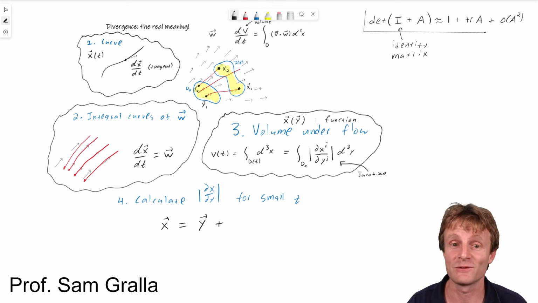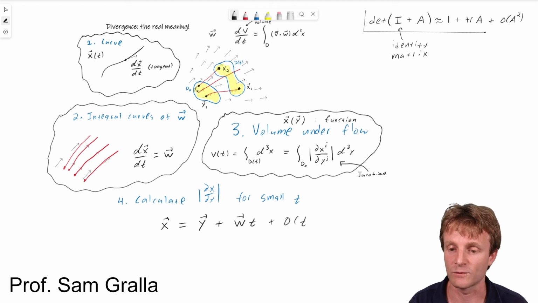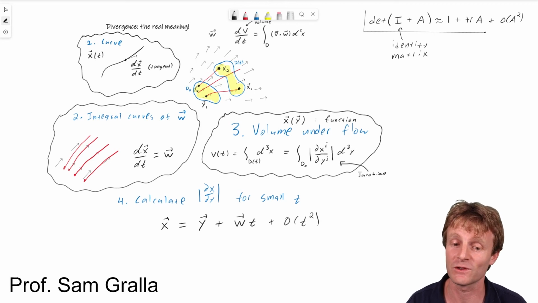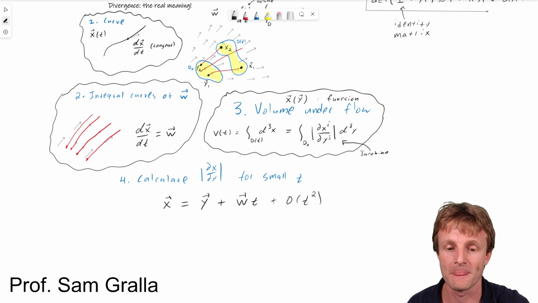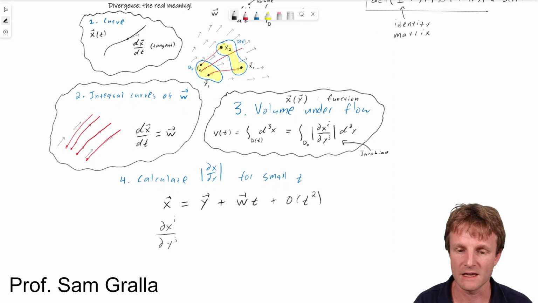And then the next approximation to the solution is, well, you just add w times t, and then there's higher order terms, order t squared. So that's the approximate solution for small t for the integral curves. All right, now we just take a derivative. We're trying to calculate dx_i/dy_j.